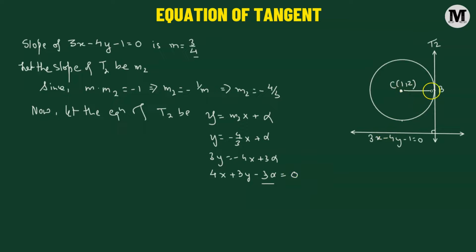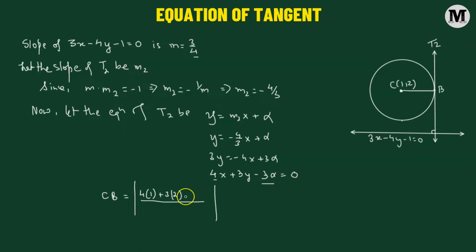We'll try to find out the distance CB, which is the distance of the point C from the tangent line T2. So CB will be equal to, we'll take the absolute value. So first we'll consider the numerator, where we'll start with the coefficient of x, that's 4. 4 will get multiplied by the x coordinate of the center, that's 1. Then this will be added to the coefficient of y, which is 3, multiplied by the y coordinate of the center, so that's 2.